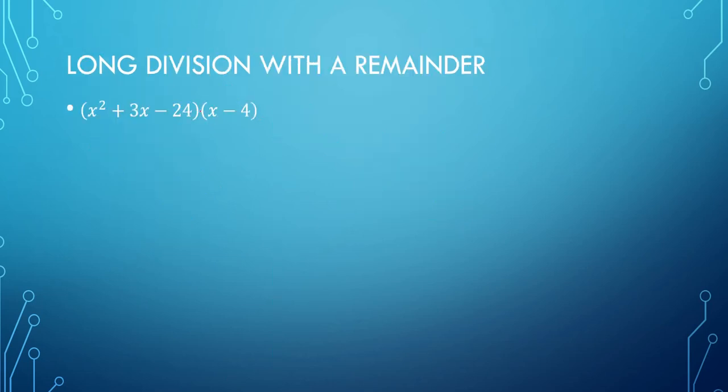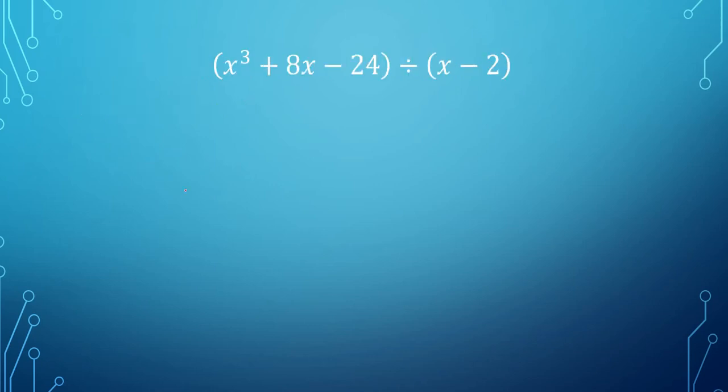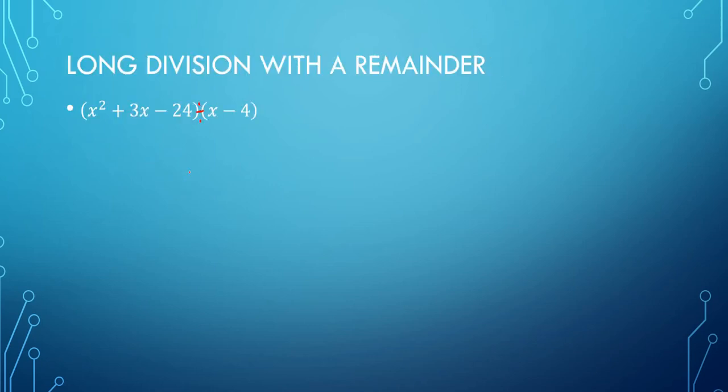Let's try another one together. This one is going to have a remainder. Whoops, I should say divided by in between. So, x squared plus 3x minus 24 divided by x minus 4. X times what gives you x squared? It'll be x. So x times x is x squared.